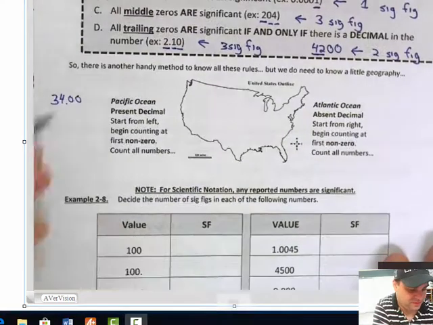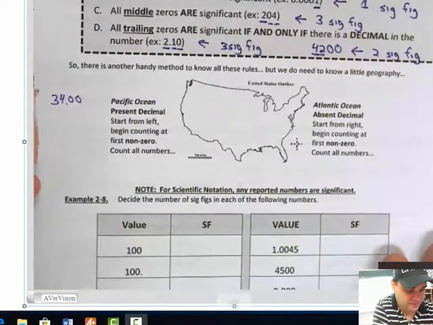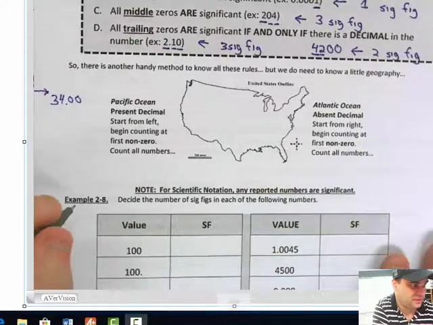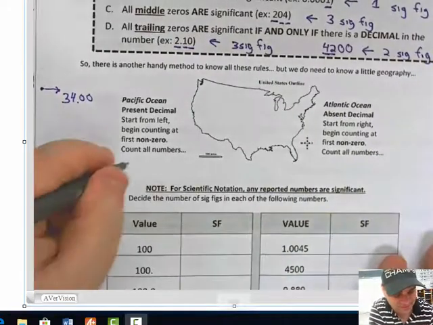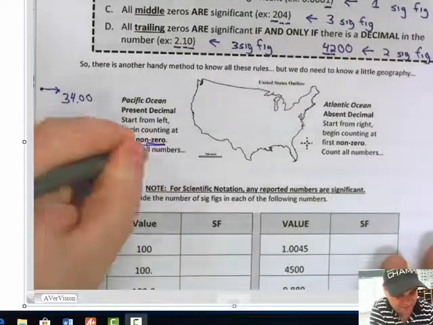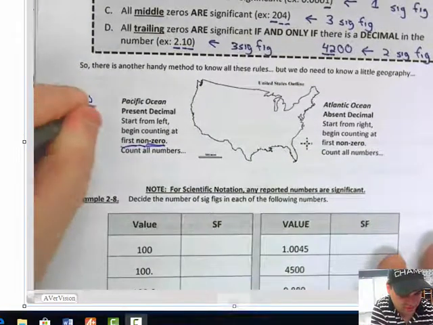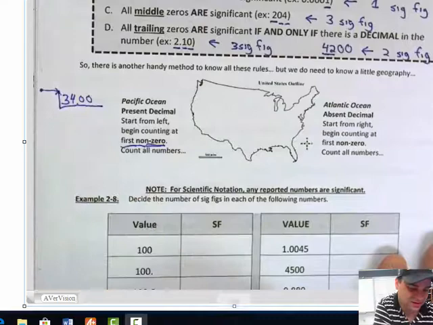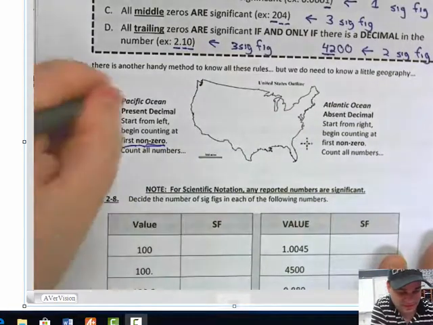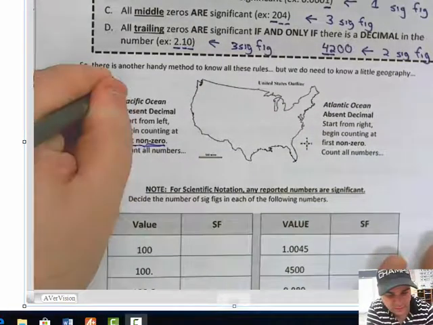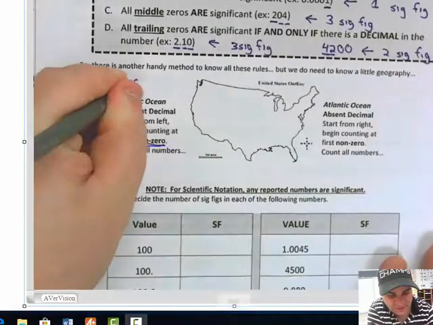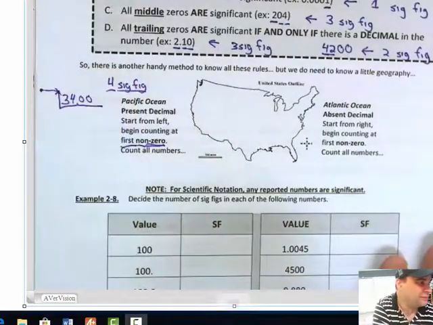You start from the left, you go to the first non-zero digit. It's very important, first non-zero digit, and then you underline everything else beyond that non-zero digit. So this would have 4 significant figures.